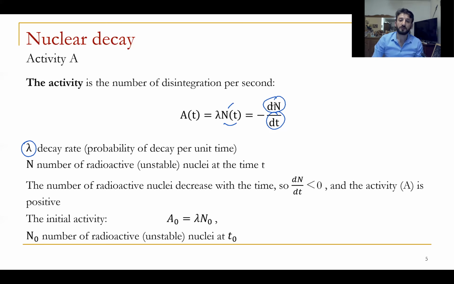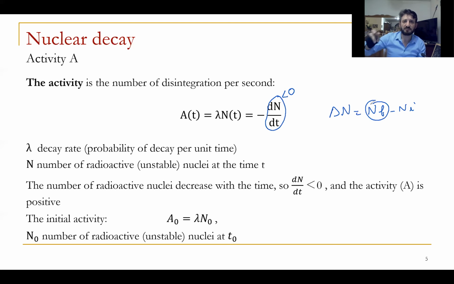It is the change of the number of unstable elements per unit time. In general, the number of unstable elements reduces with time, so dN divided by dt is negative. Delta N equals N final minus N initial.